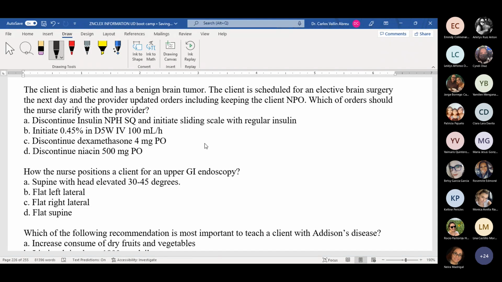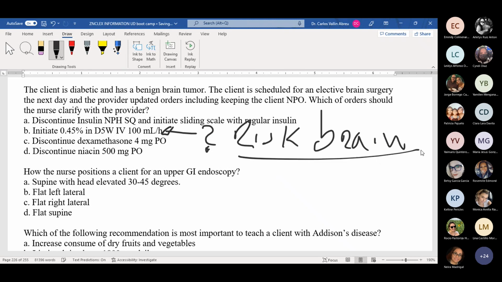So this could be a possible answer, because of the risk of inducing brain edema in a patient that is going for surgery because of a benign brain tumor. Yes, so that's why the rationale could be B.